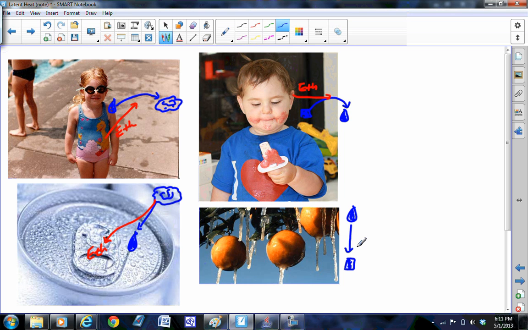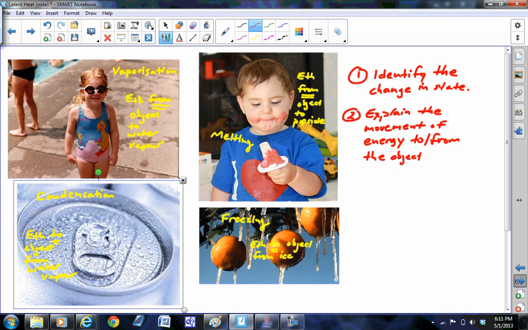But in order to do this, you have to take energy away. So energy is released into the environment and is actually going towards the oranges. So the oranges do not freeze, and in fact they're warmed up a little bit. Not a significant amount, but it's enough to prevent the oranges from becoming damaged.